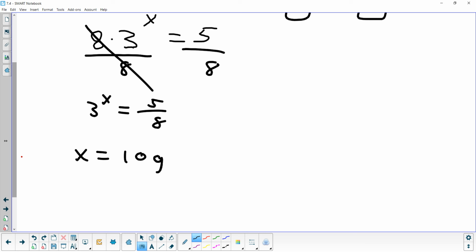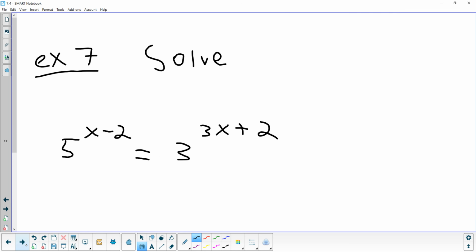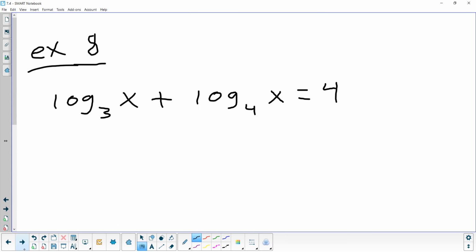You have to use a log. The base would be 3, and the argument is 5/8. Any questions on that? We're going to hold off on that one.